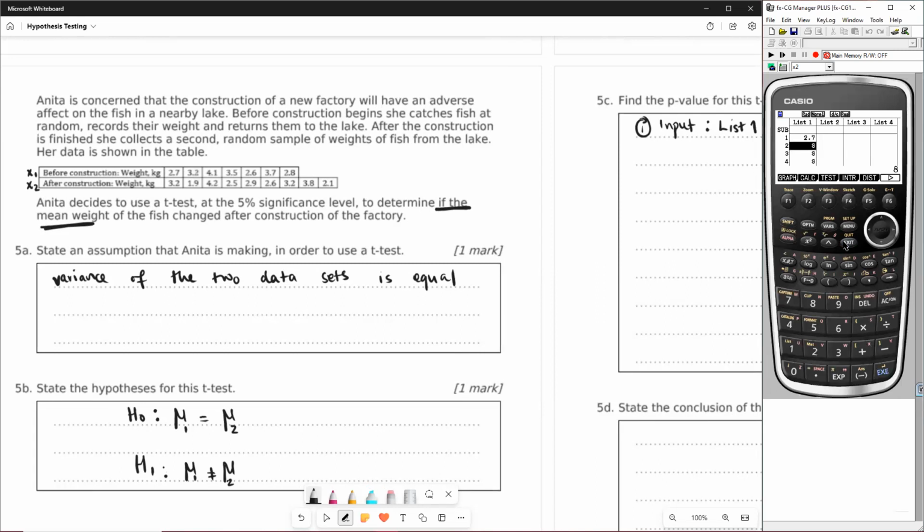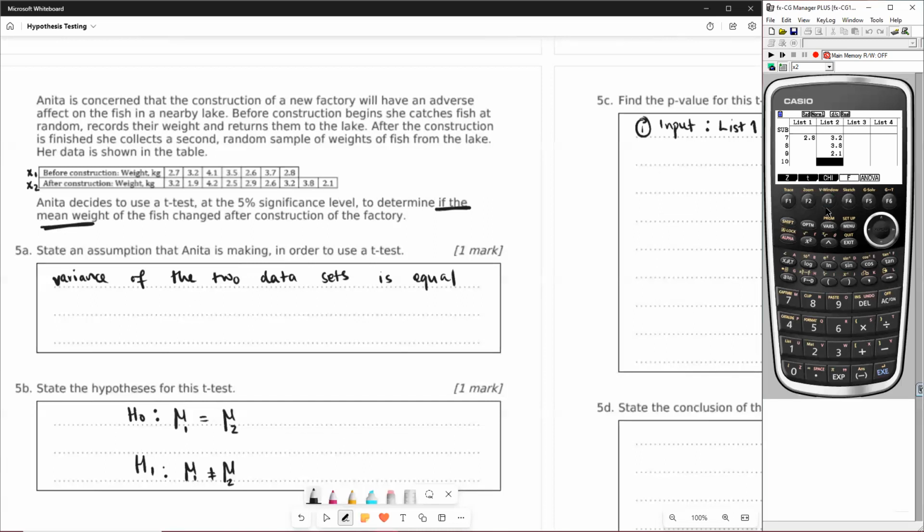So now it's 2.7, 3.2, 4.1, 3.5, 2.6, 3.7, and 2.8. Then the second list goes 3.2, 1.9, 4.2, 2.5, 2.9, 2.6, 8.2, 3.8, and 2.1.